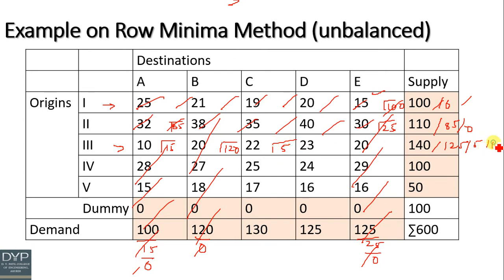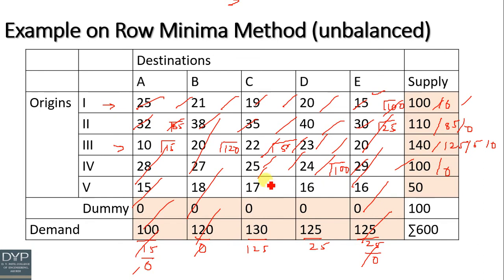So the row has been fulfilled, 125 are remaining. So I will be removing this row. Next row is the fourth row, and here I can assign 100 units. So here 25 are remaining, so I can remove this row.